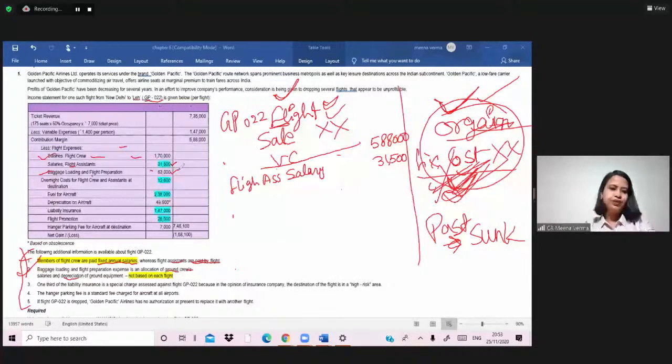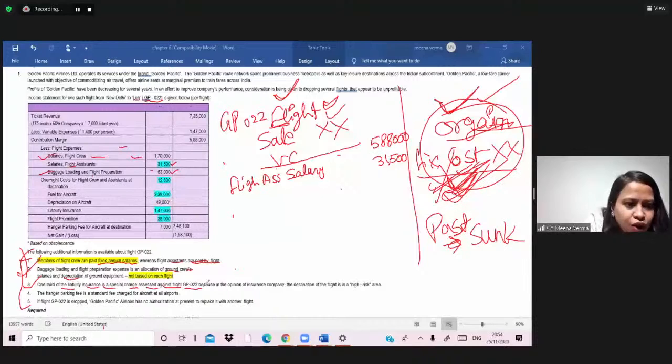ठीक है जी. Next point. Third point. One-third of the liability insurance is a special charge assessed against GP.